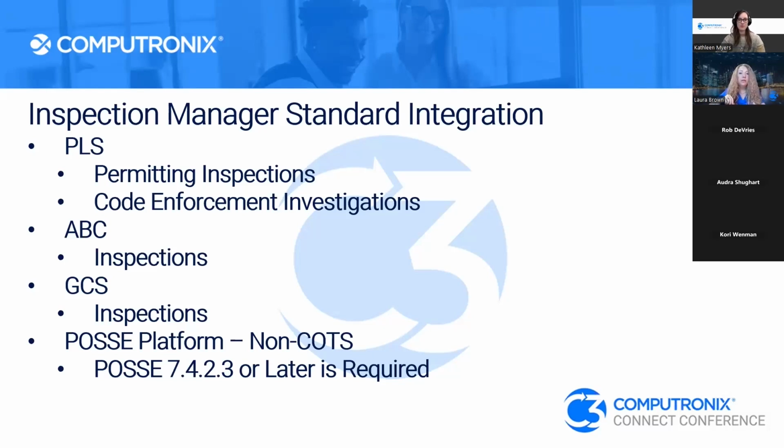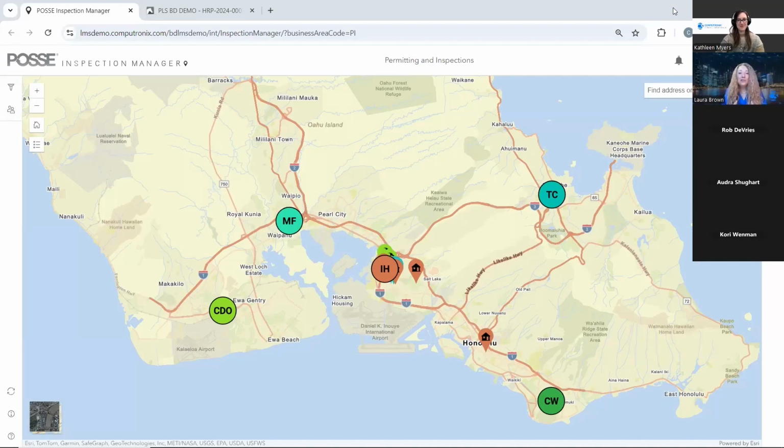So this would be something where a mapping exercise would be done from your current POSSE configuration to the Inspection Manager. Okay. So you're seeing the Inspection Manager, and it really is what it is named for. It is a way to manage inspections. The use case is for your users that are inspection supervisors, inspection managers, your people that are trying to keep a pulse on what's happening in the field, where the inspectors are, and what inspections need to be done for the day.